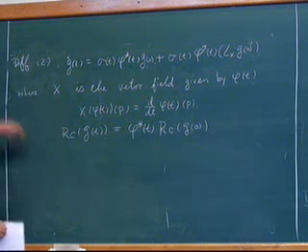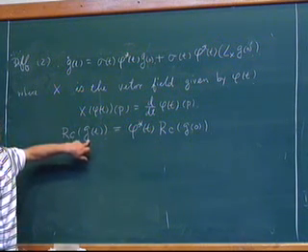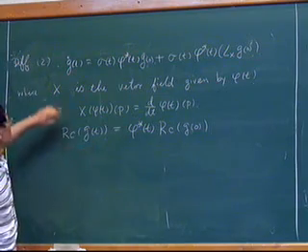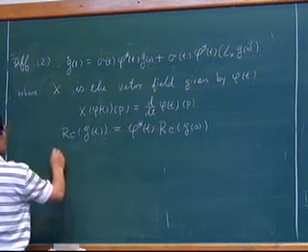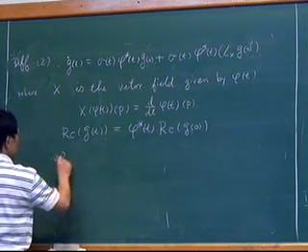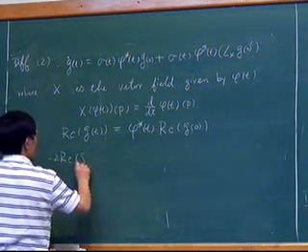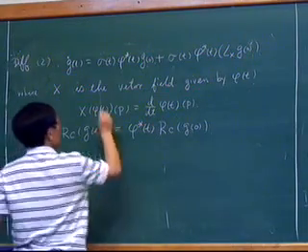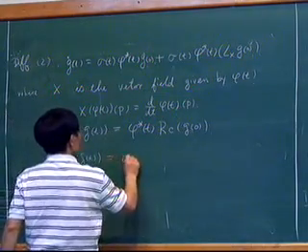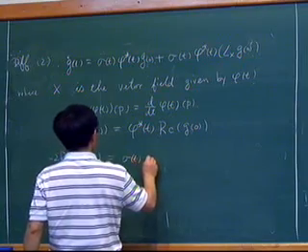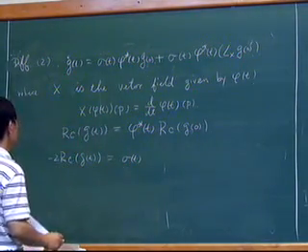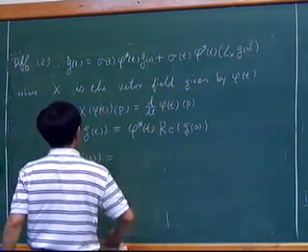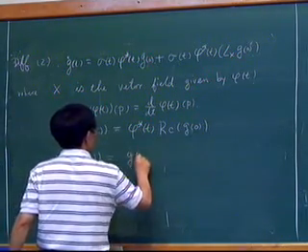So we know that g is a solution of Ricci flow. So this one equals minus 2 Ricci, and the derivative of g equals sigma prime of t times g_0.